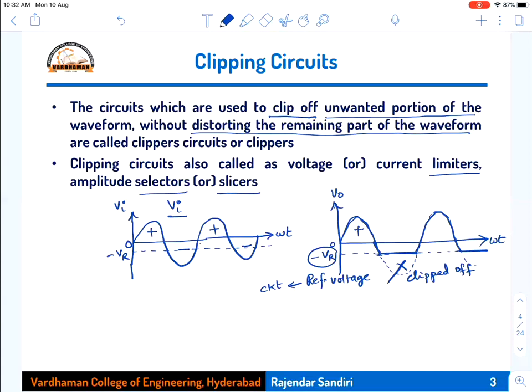It is not just the negative value; you can do it in the positive direction also. Suppose this positive level is plus VR. Then your output waveform can be V0 omega t. So this is plus VR. I want only the upper portion to remain and the lower portion to be clipped off. Then up to this portion it will be 0.